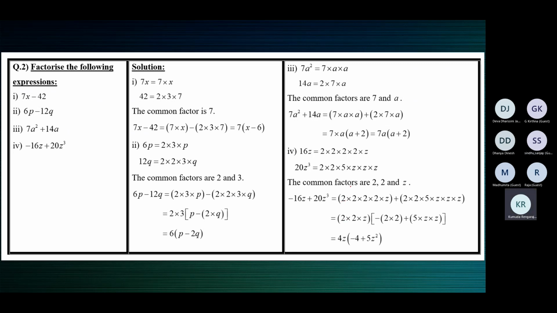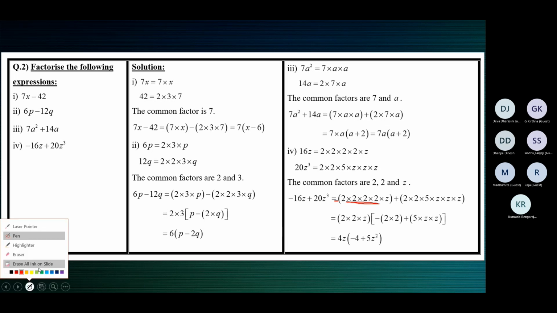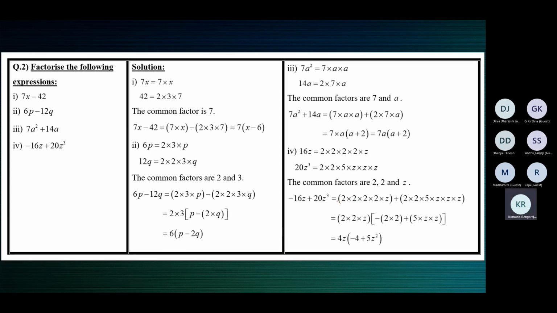Let me correct this. I should show a minus here. There should be a minus here, children, outside the bracket.